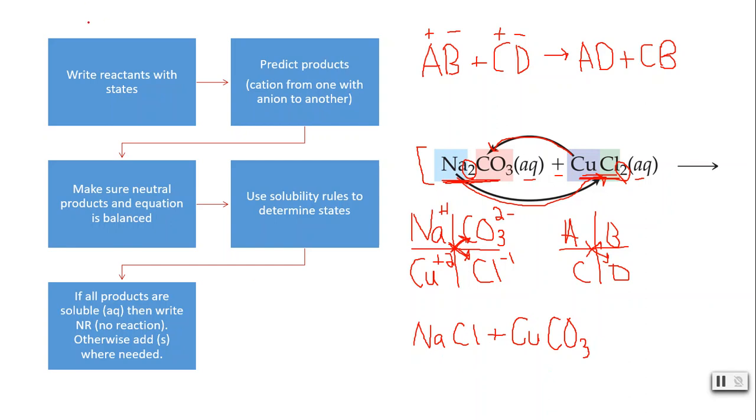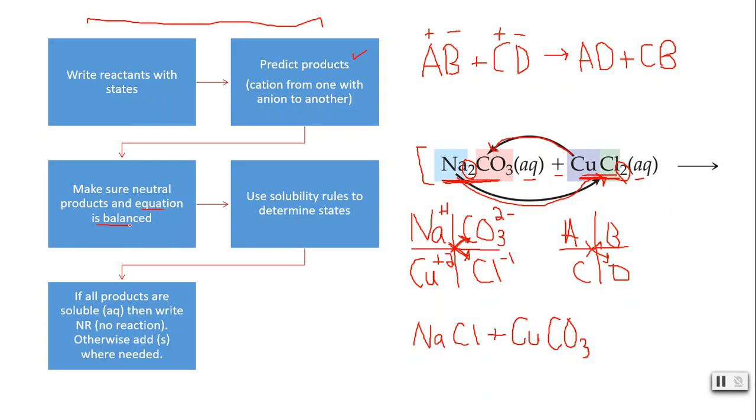So in my little flow chart of steps, we've predicted the products. We've made sure the products are neutral, meaning cation and anion charge added together equals 0. Now we need to make sure that the equation is balanced.